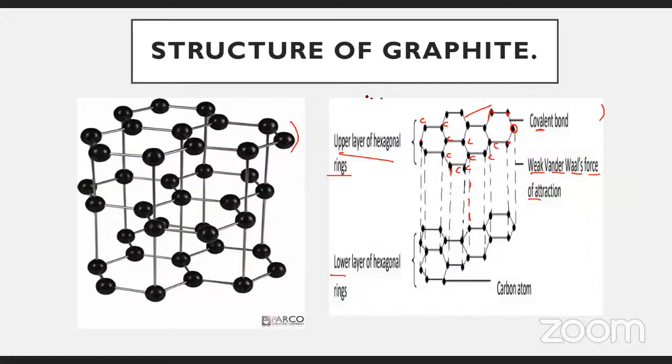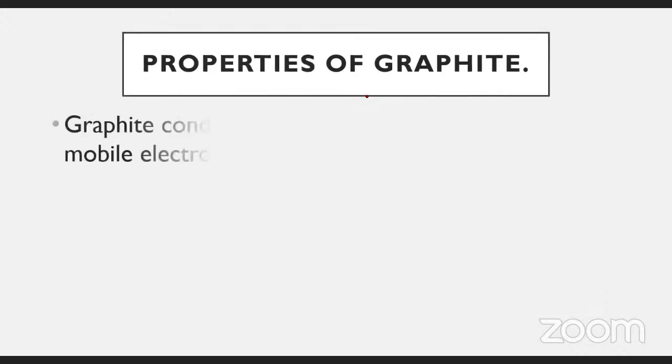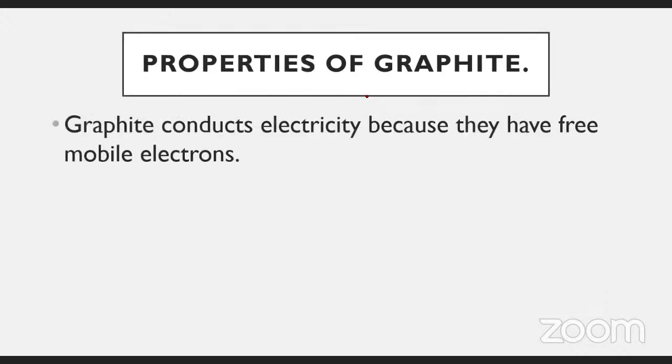So let's move on. Properties. Some of them we have already talked about. Graphite conducts electricity because it has free and mobile electrons. So I can also ask, why does graphite conduct electricity? Because of having free and mobile electrons. So they are able to move from one point to another as they conduct or transmit electricity.